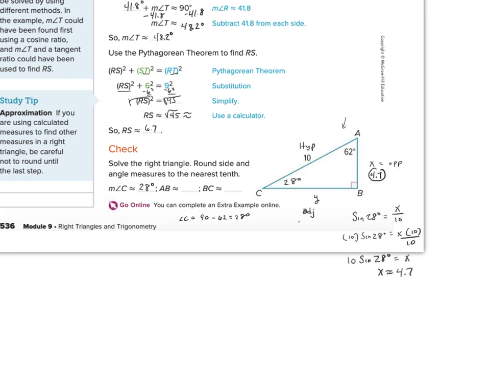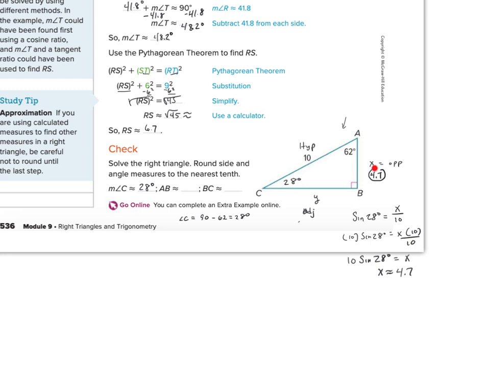All right, so I started with looking for the measurement of angle C. I know that these two are going to be 90 degrees together, so angle C is 90 minus angle A, which came to 28 degrees. So this is 28 degrees. Now, from angle C's perspective, this would be my opposite side, this would be my adjacent side, this would be my hypotenuse.